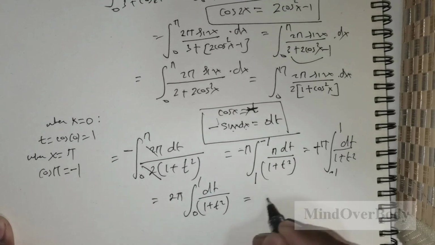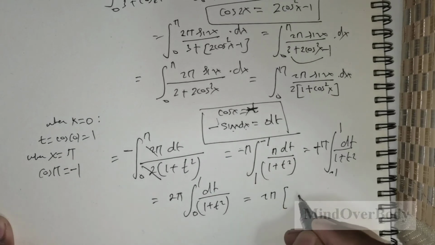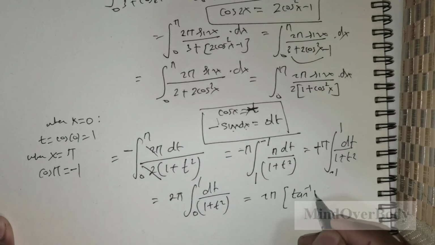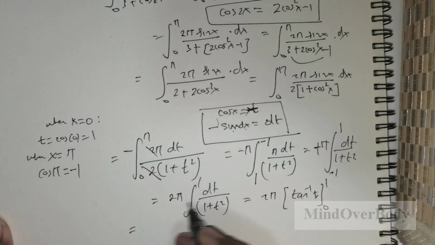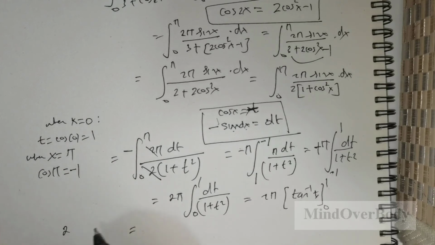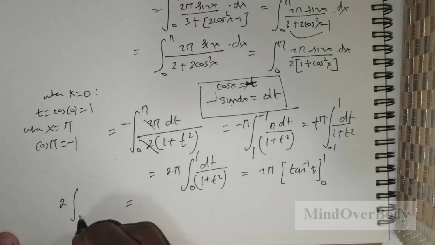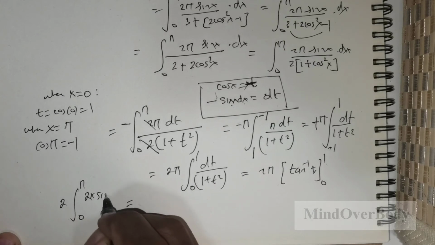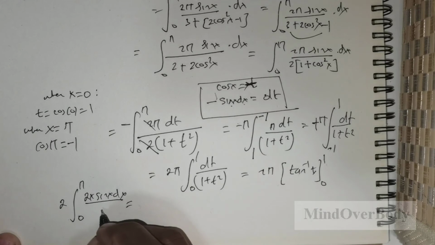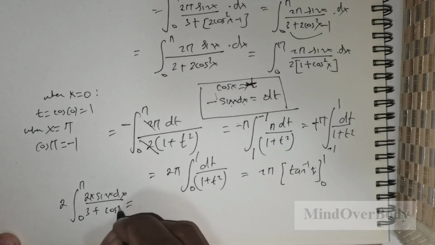Now this is nothing but tan inverse of t, right? So tan inverse of t, limits are 0 to 1. On the left side we have 2 times integral 0 to pi by 2 of x times sine x dx divided by 3 plus cos 2x.